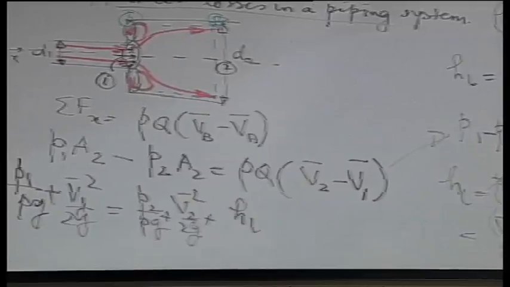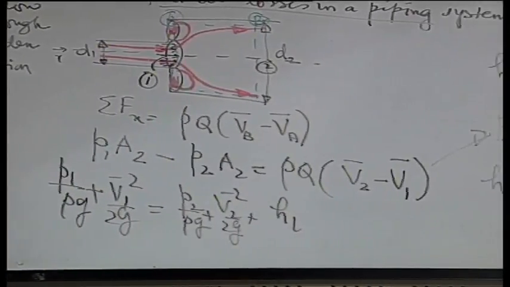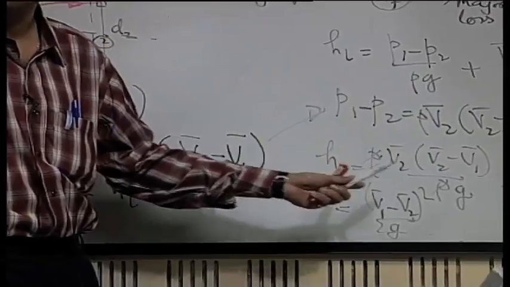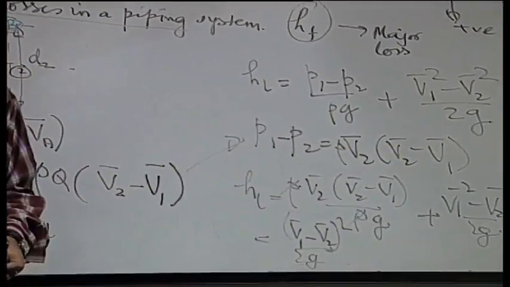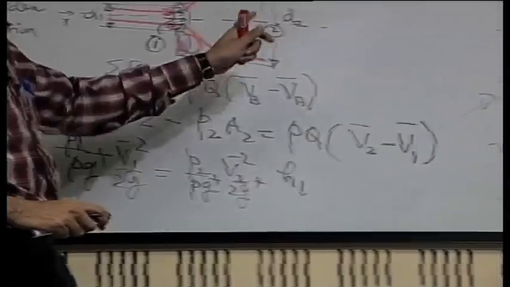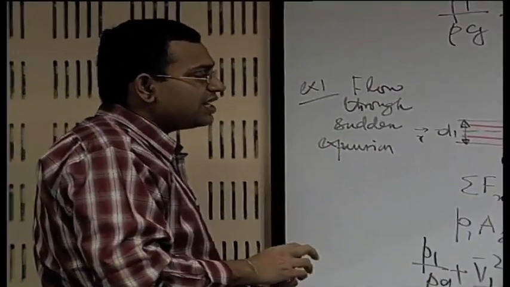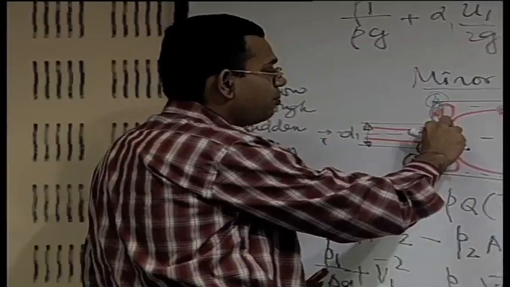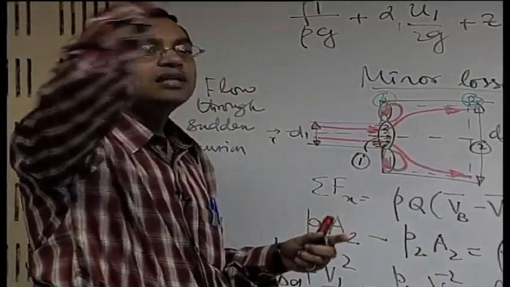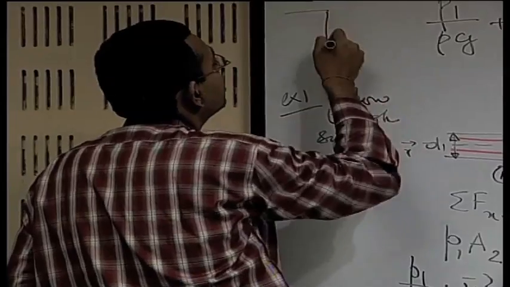What we get from this is a very interesting thing: this has to be always positive. So the head loss is positive, and it is a function of the difference in the average velocities over the two sections. One special case is when this is a small pipe entering into a very large reservoir.